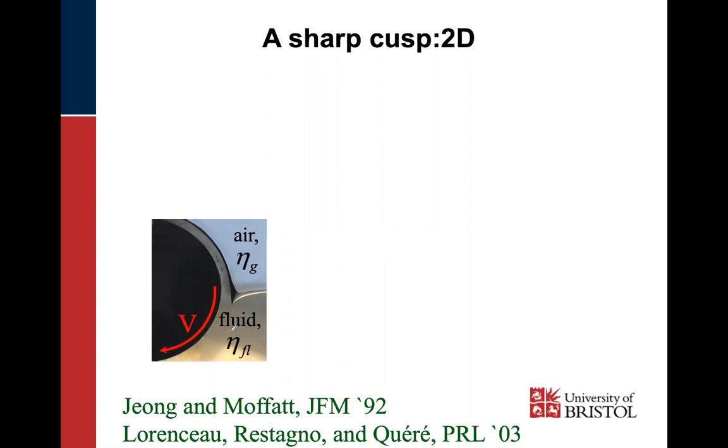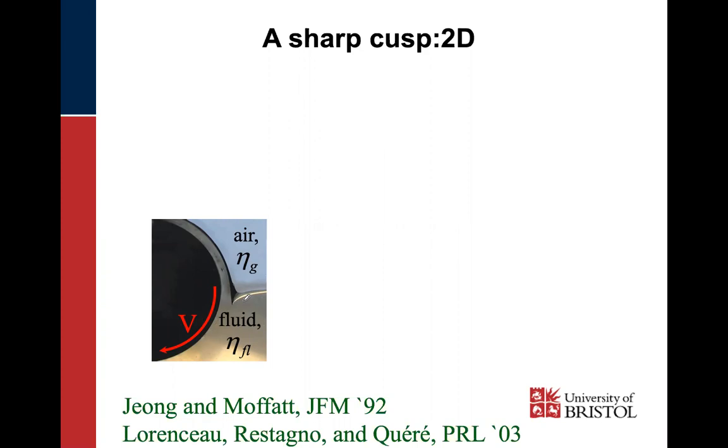Once more, you have the interface between a viscous fluid and air, and the flow is driven at some speed v by a cylindrical roller. And the viscous drag by this roller deforms the interface into this sharp cusp.